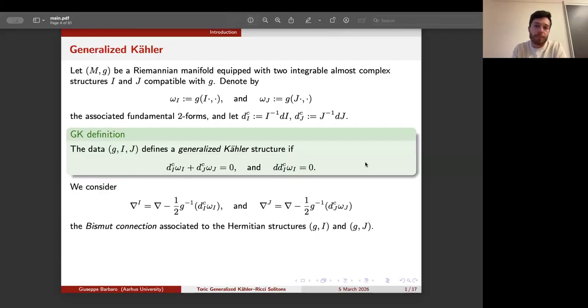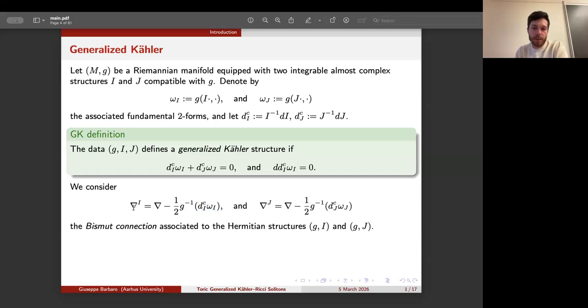Then what one usually does when dealing with pluriclosed metrics is work with the Bismut connection, so we do it also here. The Bismut connection is the only Hermitian connection, so it preserves both the metric and the complex structure, which has skew-symmetric torsion. And the torsion is precisely this three-form.